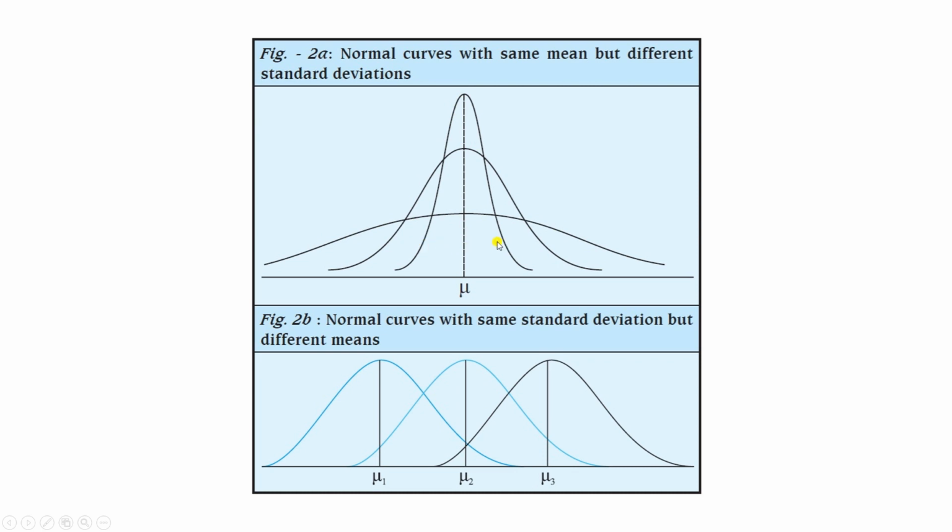This one is less wide, this one is more wide, and this is the widest. The wider the normal curve, the larger the standard deviation. So, in the flat curve the standard deviation value will be higher compared to the middle one, and this one will have the narrowest standard deviation, although the mean values of them are the same.